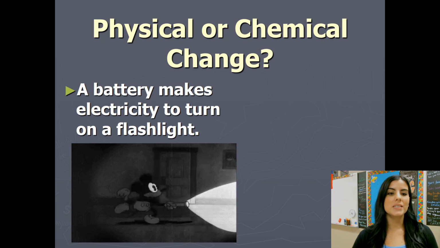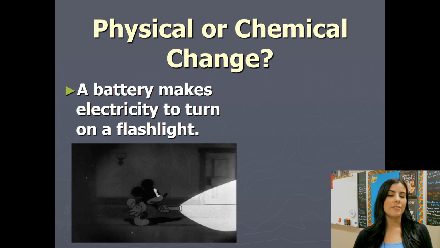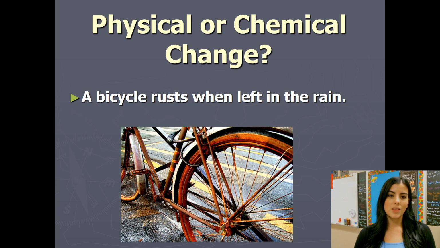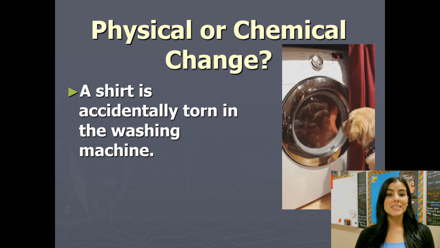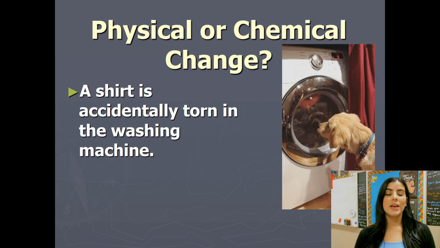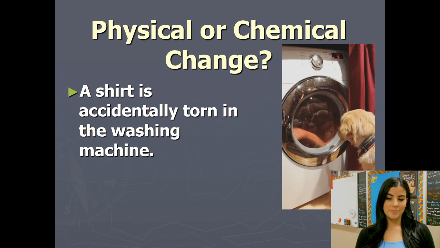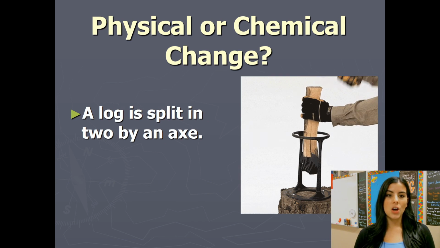A battery makes electricity to turn on a flashlight. A bicycle rusts when left in the rain. A shirt is accidentally torn in the washing machine. A log is split in two by an axe.